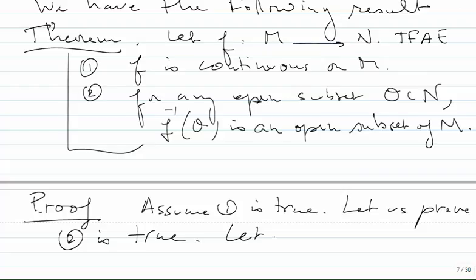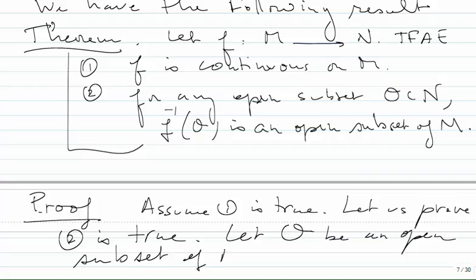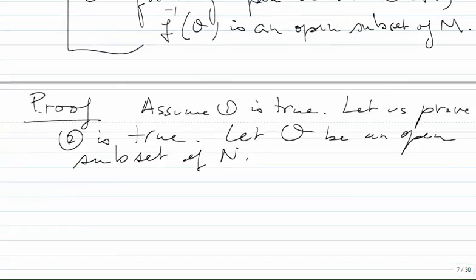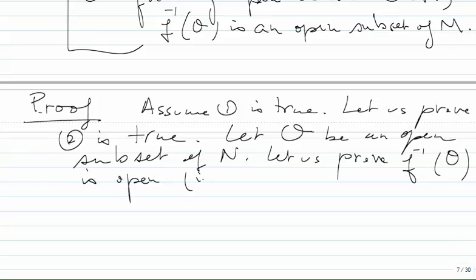Let O be an open subset of N. We need to prove that f inverse of O is open in M. So we are going to show that every point in this set is an interior point. Let a belong to f inverse of O.